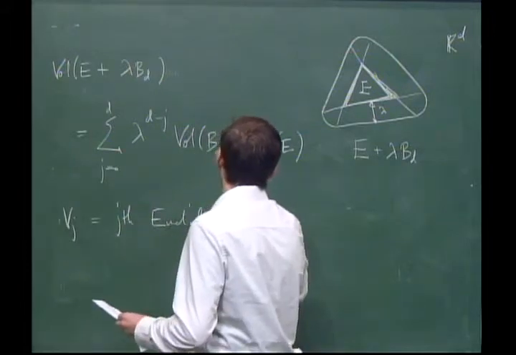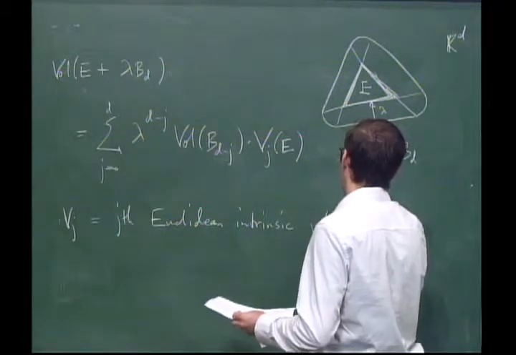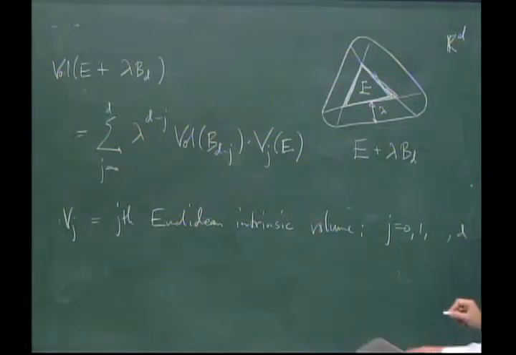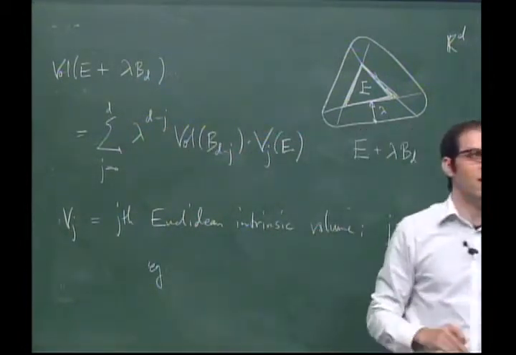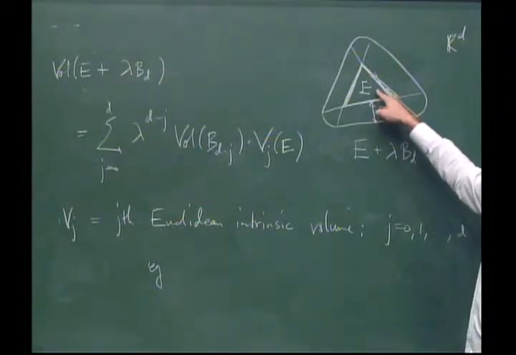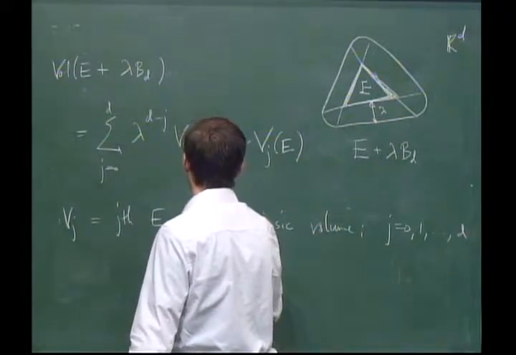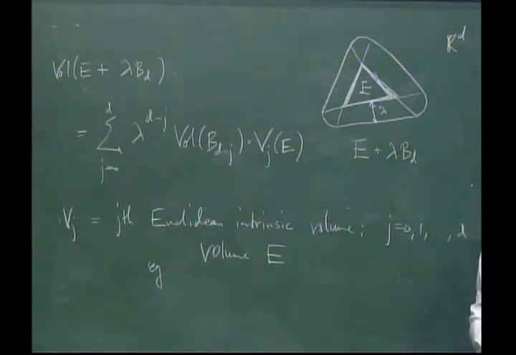And so just as we summarized cones using D plus 1 numbers, we can summarize compact convex sets using just D plus 1 numbers. And these are actually much more familiar quantities. So V_D is the Euclidean volume of E. V_{D minus 1} is roughly the surface area up to scaling.